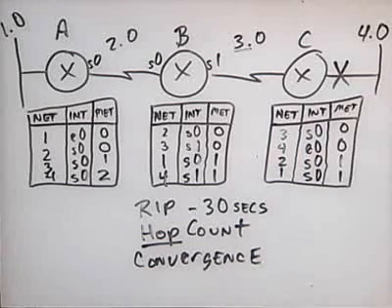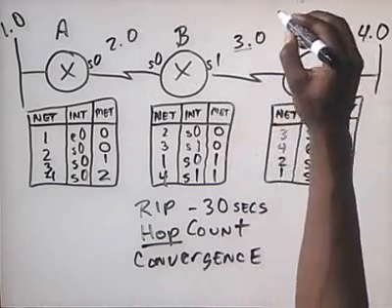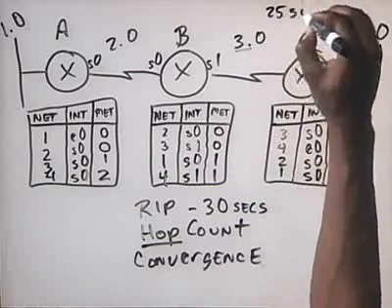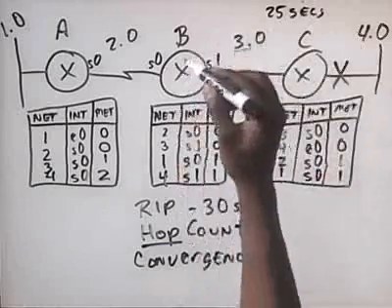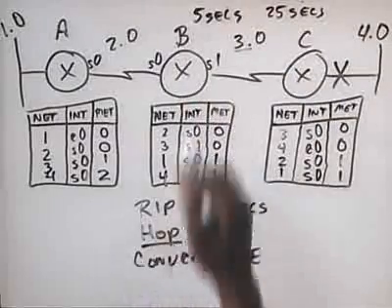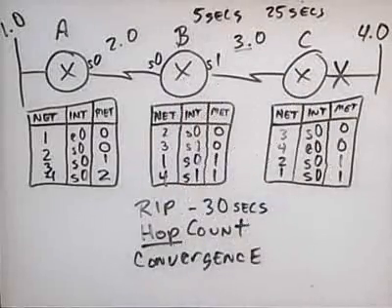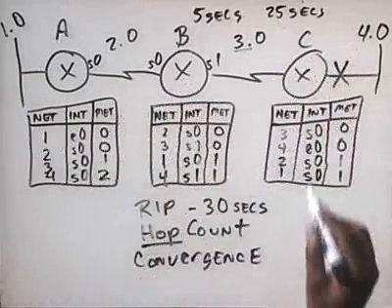Charlie knows that network 4 has gone down, but Charlie's next update to Brenda is not due for another 25 seconds. However, in the meantime, Brenda has an update due in the next 5 seconds. So in 5 seconds, Brenda sends an update to Charlie, but Charlie's update won't be due for another 25 seconds.